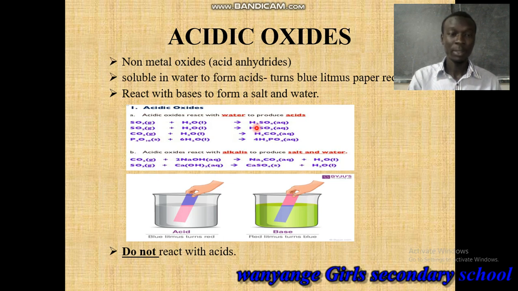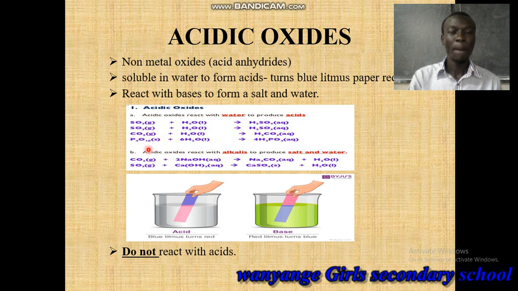Note the difference. Sulfur trioxide plus water, sulfuric acid. Sulfur dioxide plus water, sulfurous acid. Then carbon dioxide plus water forms carbonic acid.